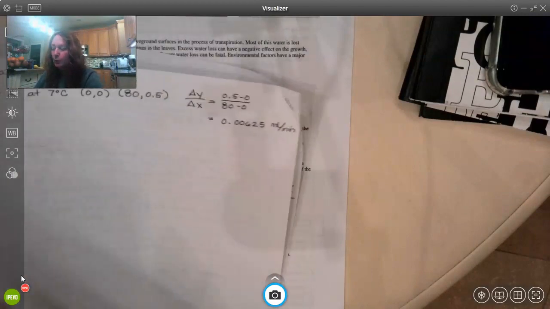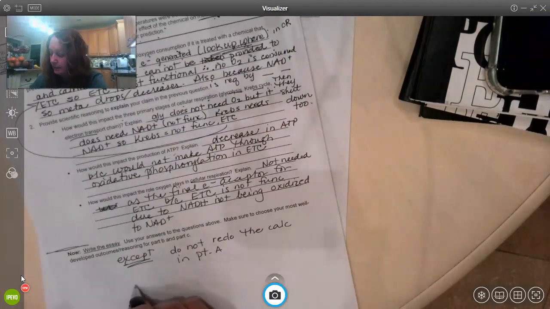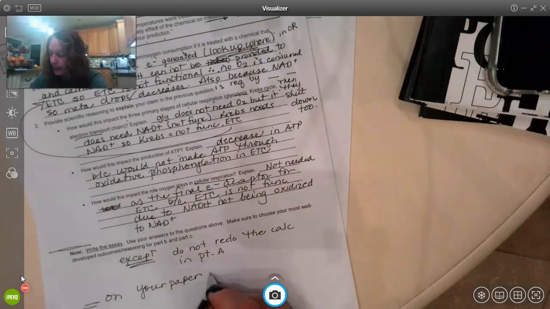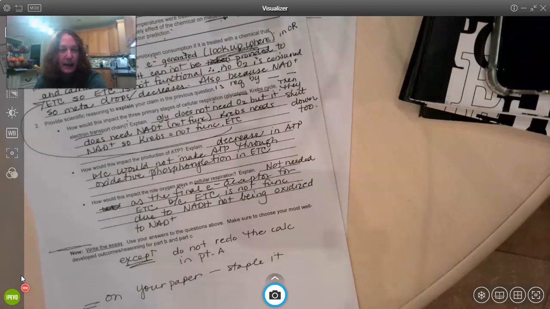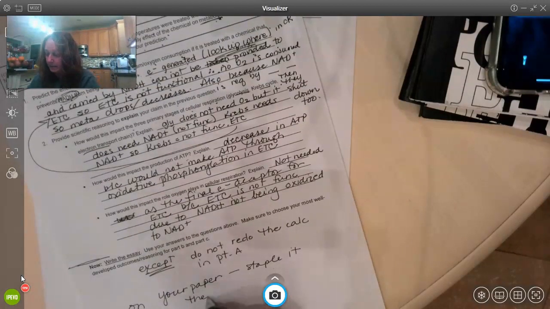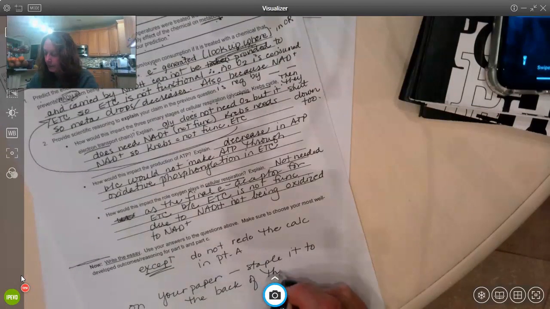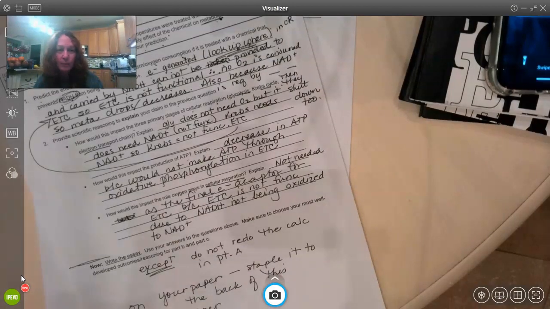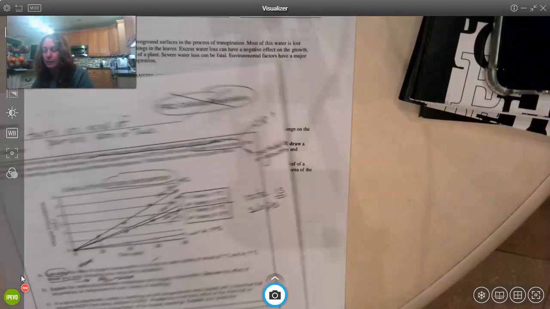But you'll put this on just your paper, and then you're going to just staple it. And that stapler is on my little glass rolly cart right there. So staple it to the back of this paper. Okay? So you should be fine and able to do it.